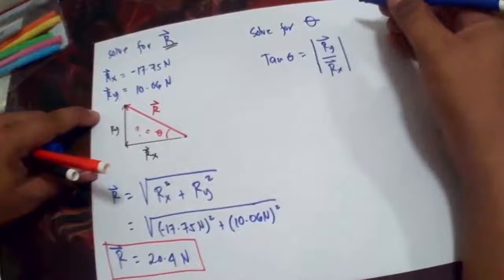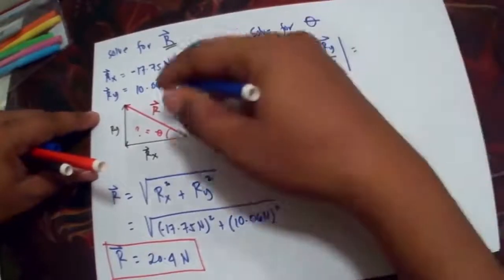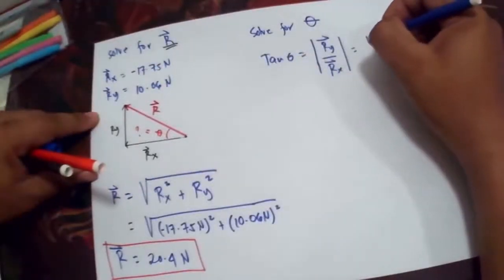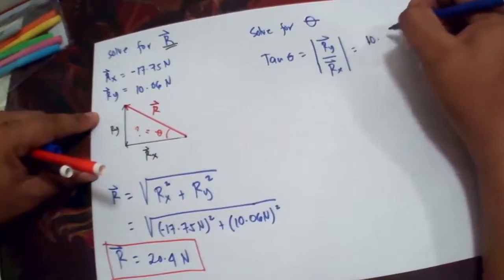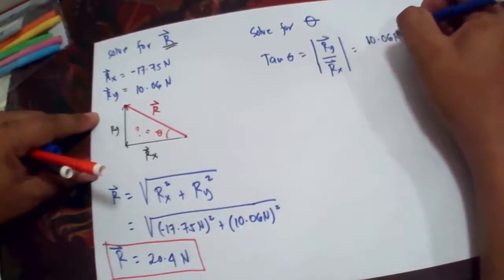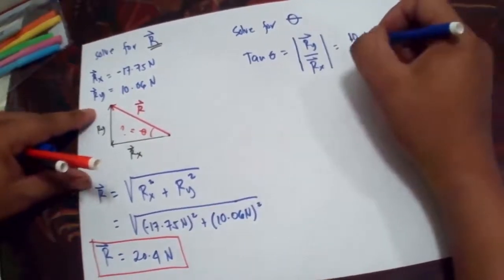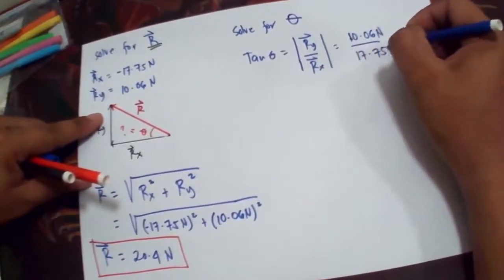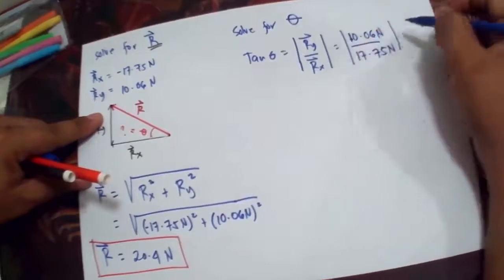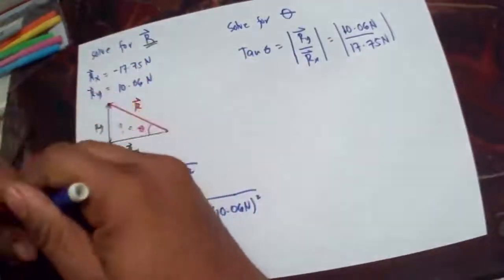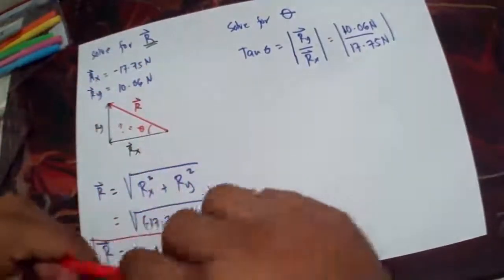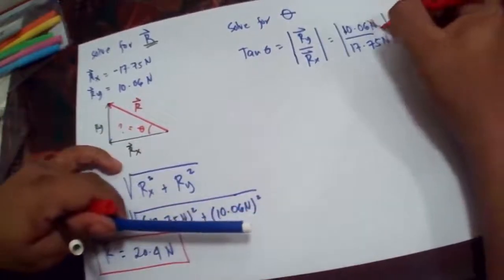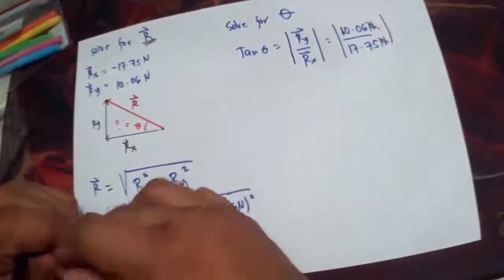So this is equal to, substituting the values, 10.06 newtons divided by 17.75 newtons, absolute value. Newton divided by newton cancels out the units here.